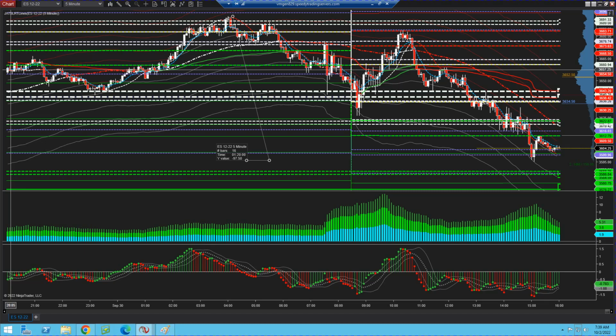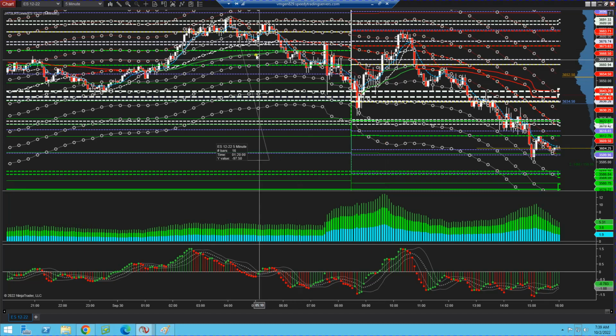You can do this on a daily range. The daily range on Friday was about 97.50, going from the high to the low.